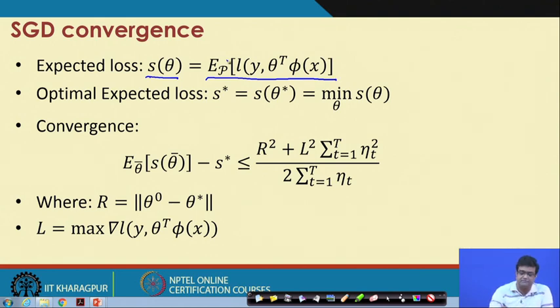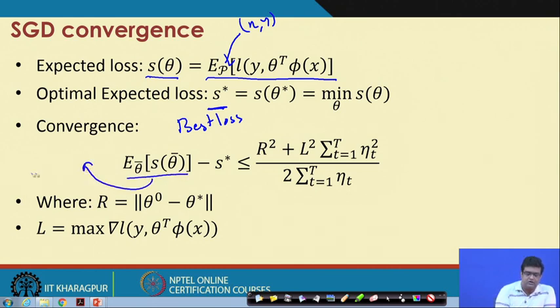So, with respect to this probability distribution P, from which this x and y are drawn, we are taking this weighted average of the whole loss function with respect to this. Okay. And then the minimum with respect to theta, we are calling that S star. So, this is the kind of the best loss, okay. The best expected loss that you can get.